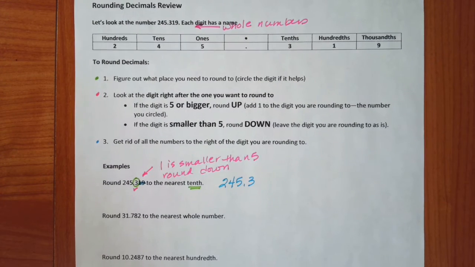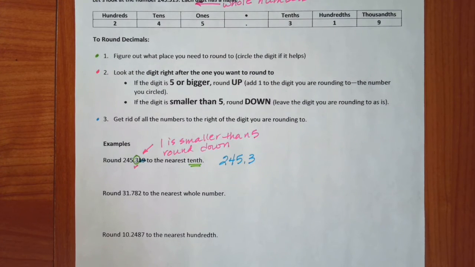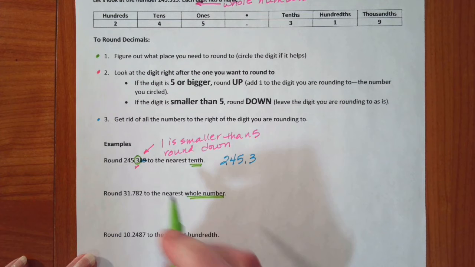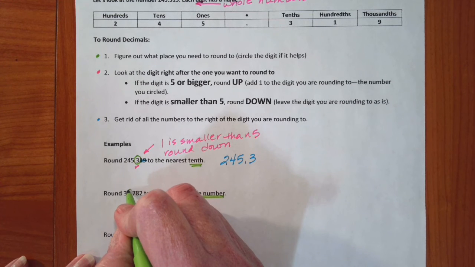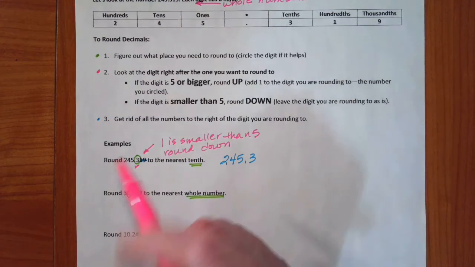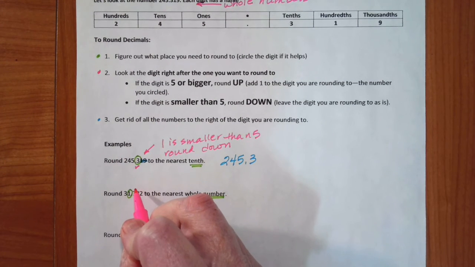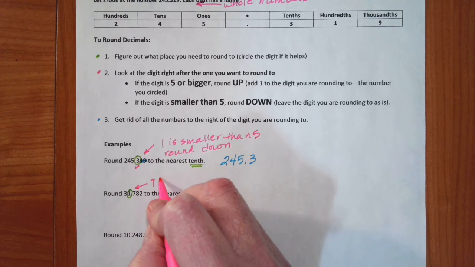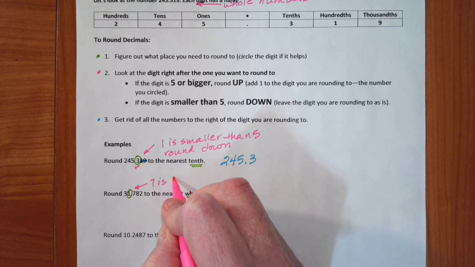Okay. All right, round 31.782 to the nearest whole number. That is the first digit to the left of the decimal. You don't have a point anything. Okay. All right, so then I'm going to look to the number directly to the right. 7 is bigger than 5.